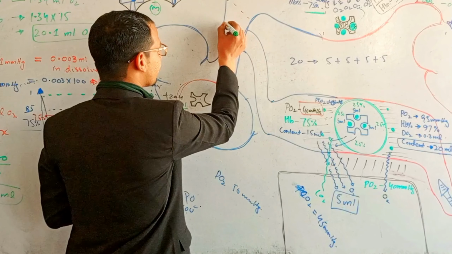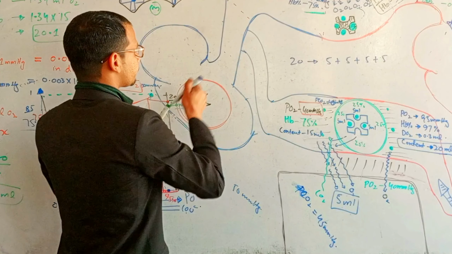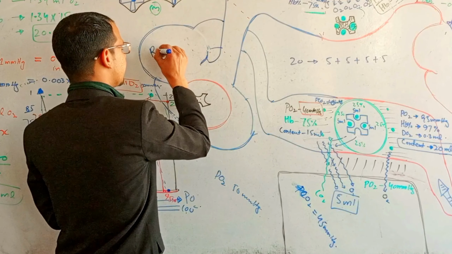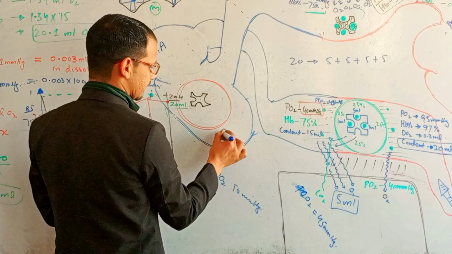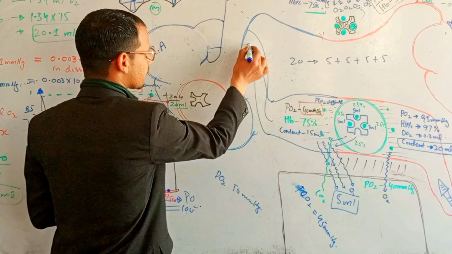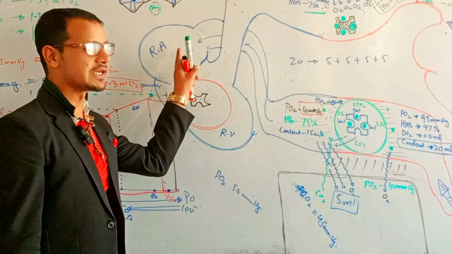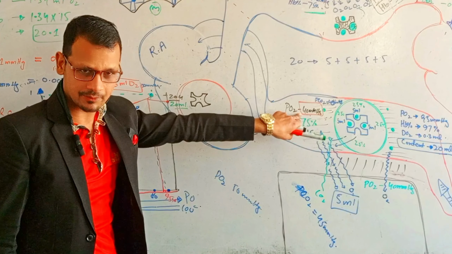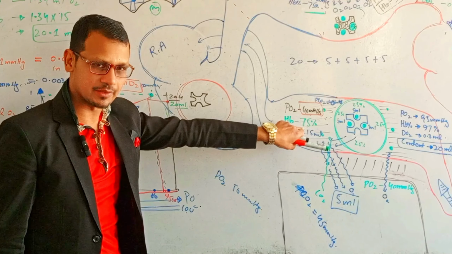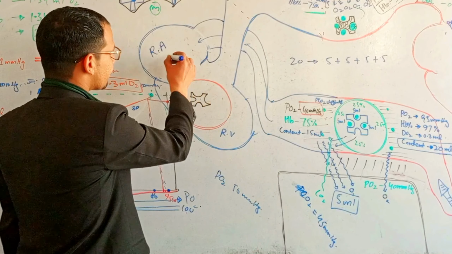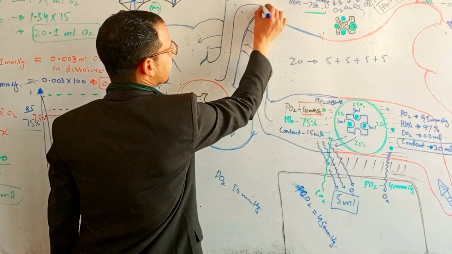Now it joins the right atrium, and this is the right ventricle. The blood entering the right atrium has 40 mm of Hg partial pressure, is 75% saturated, and the content is 15 ml. From here it will go again.